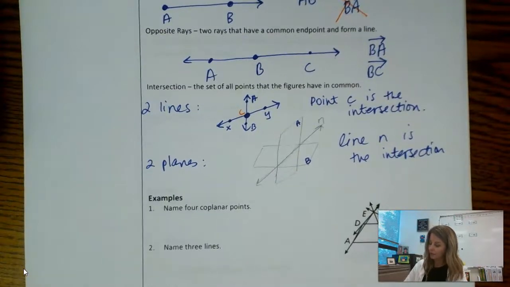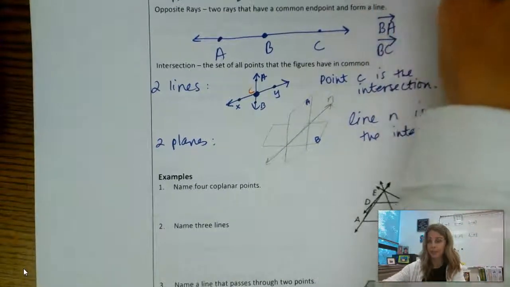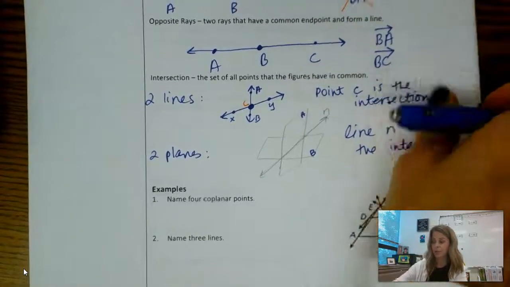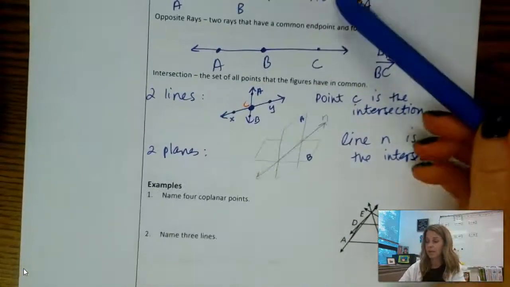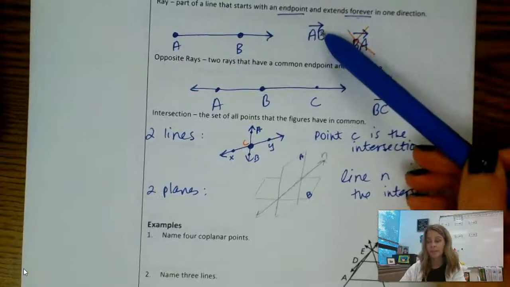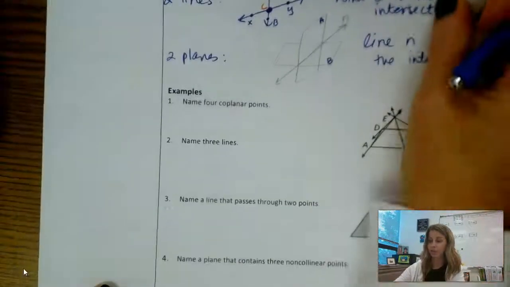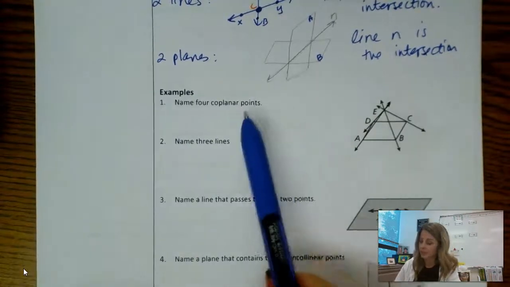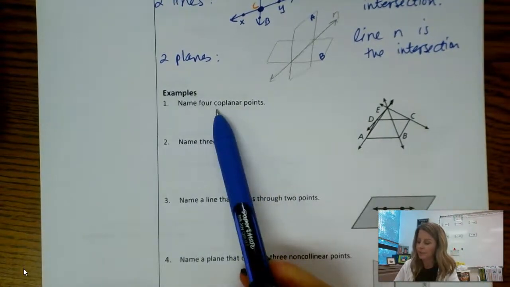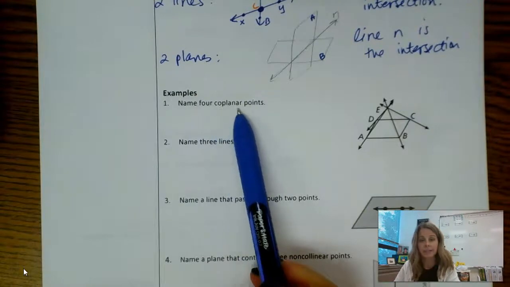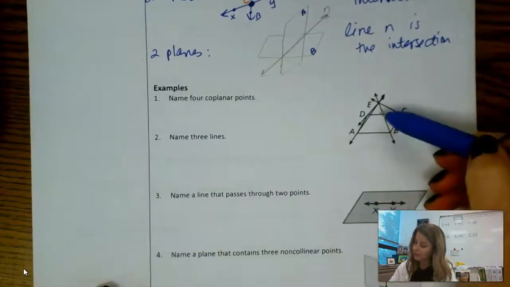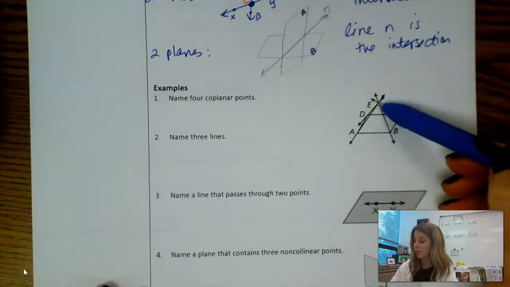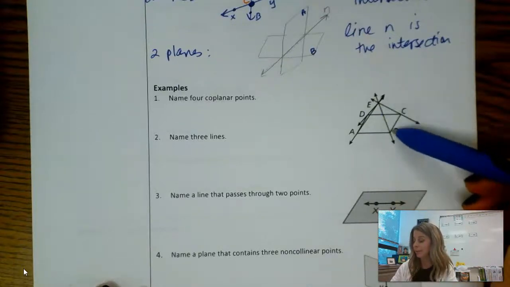Okay, let's run through some examples here, and this whole first section is about getting you to understand how to name things like this and having the right notation. Okay, let's name 4 coplanar points. So I want to name 4 points that are on the same plane. So when I see this here, I kind of see like this plane right here, and then I actually have triangular planes here.